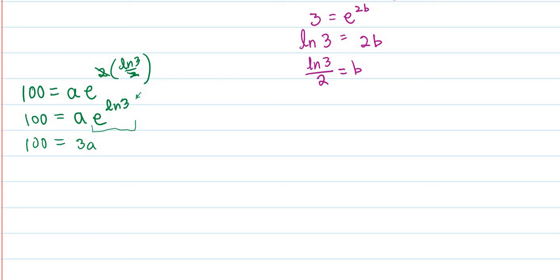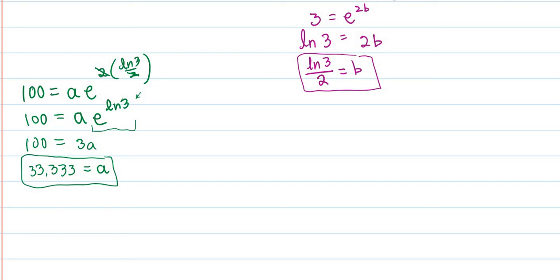Divide by 3 on both sides, and you get 33.33, rounding to 3 digits. That's the value of a. Okay, so we have the value of a here. And if we go back to our value of b here, if we put that into our calculator, we get 0.549. And we're going to use that number because that makes more sense in an equation.